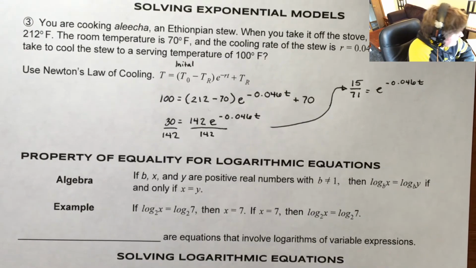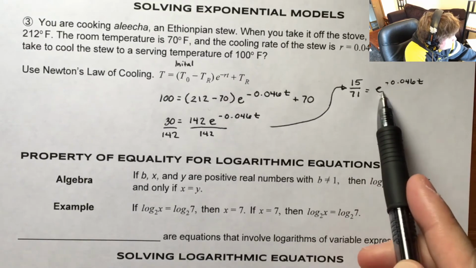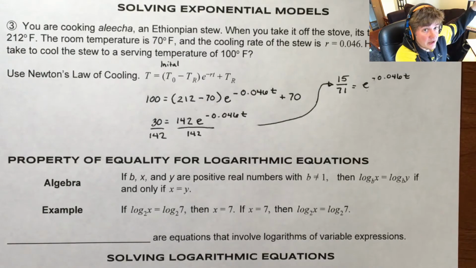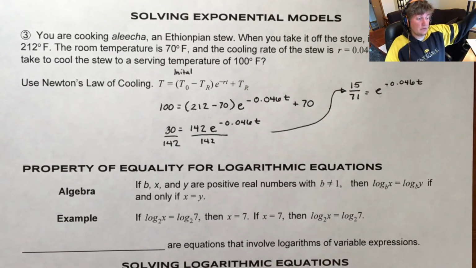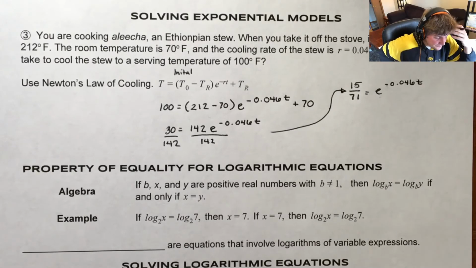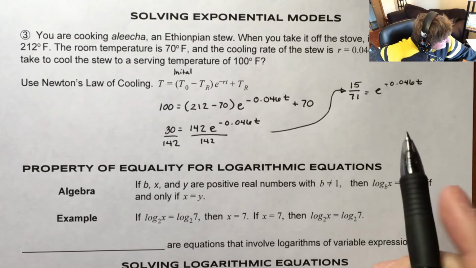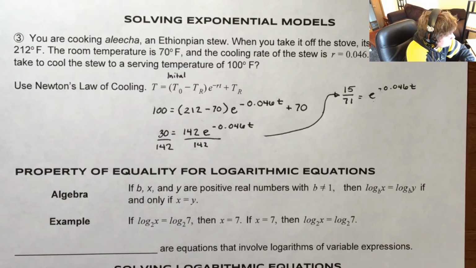Okay, so as I'm looking at this, it's hard for me to solve problems where the variable is in the exponent. So let's think about what's going to undo that e to the. Because if we could get rid of that, then we might just have a regular problem to solve. As I'm looking at this, I have 15 over 71 equals e to the.